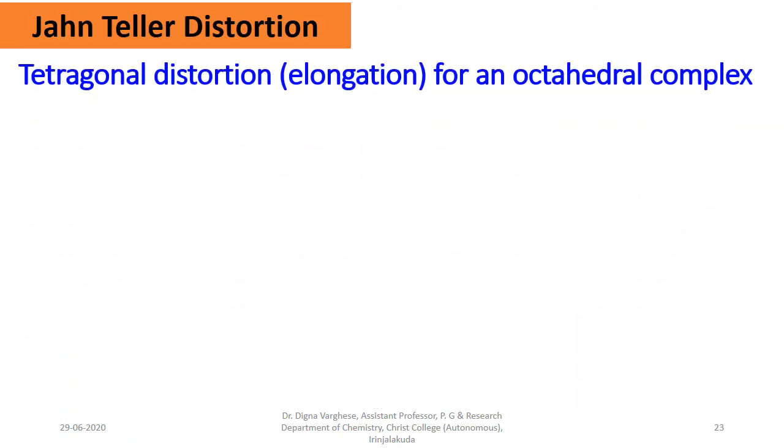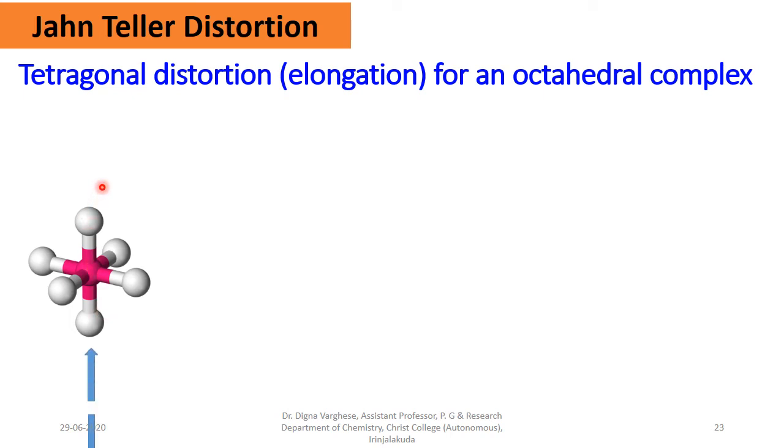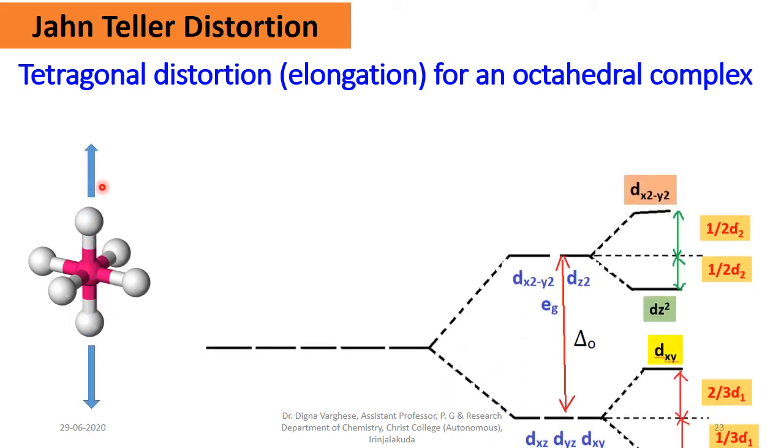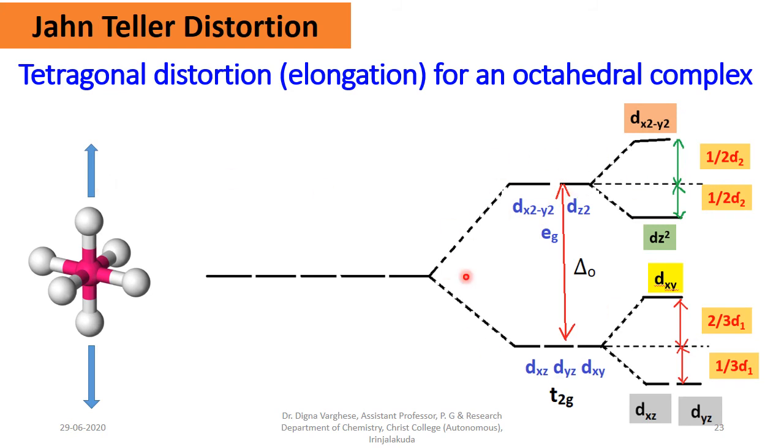In Jahn-Teller distortion, we can see tetragonal distortion, that is elongation, for an octahedral complex. Elongation means the Z-axis ligands are moved away from the metal ion. So the splitting diagram is like this.